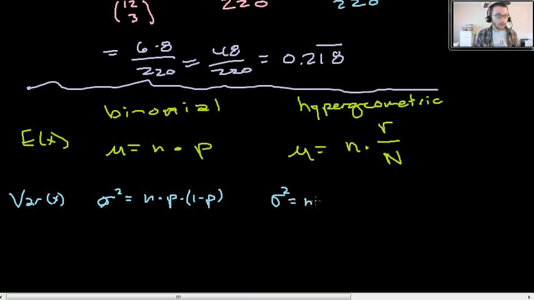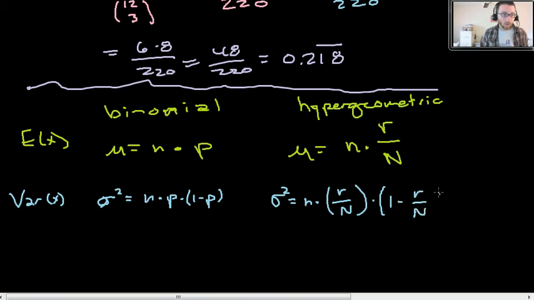We have n times r over N, which is the same as mu, just like it is with binomial, times 1 minus r over N, that quantity. And this would be exactly the same as the binomial, but because we're drawing from a finite population, we need to add a correction factor. So we multiply by big N minus little n over big N minus 1.